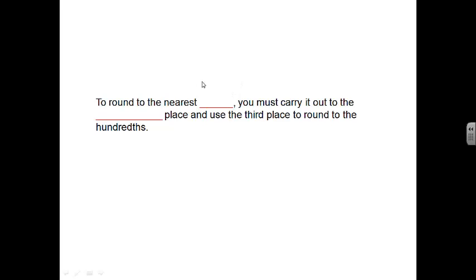I am almost done. I want to make sure we know how to round to the nearest cent. So to round to the nearest cent, you must carry it out to what place value, do you think? Because what do we measure money in? Hundredths. Very good. So I'm going to measure it to the thousandths because I want to see what the hundredths place is. Okay, thousandths.